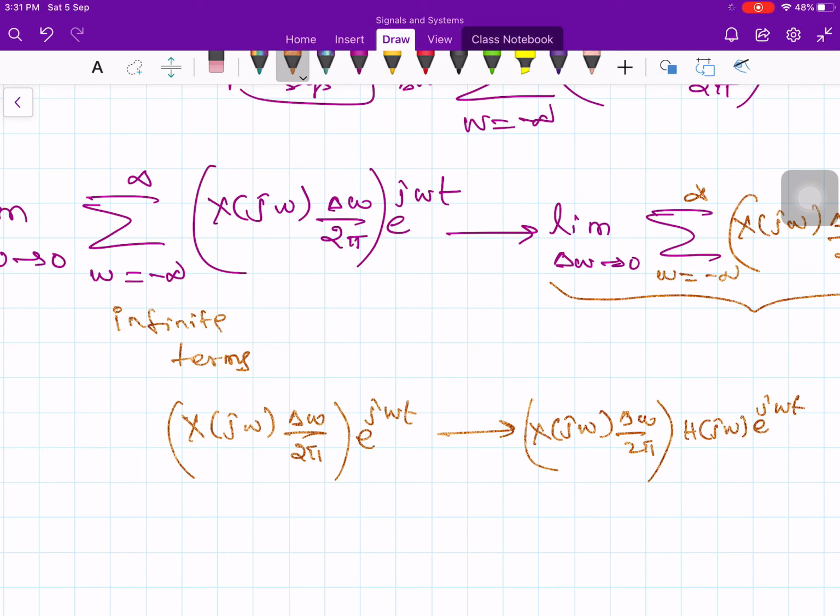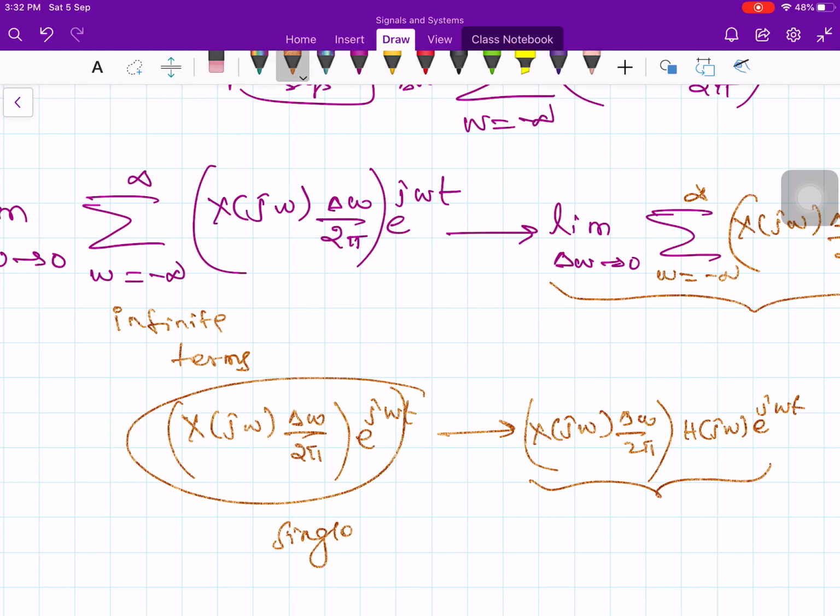Okay, therefore this is the response of a single term, right? Single term, but what I have here is infinite terms, a whole lot of terms with a limit delta omega goes to 0.